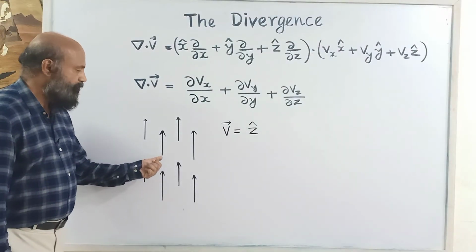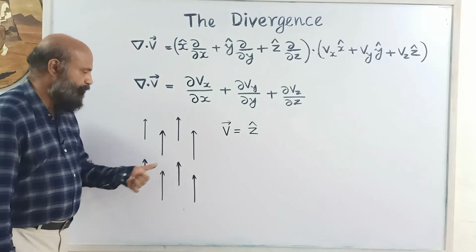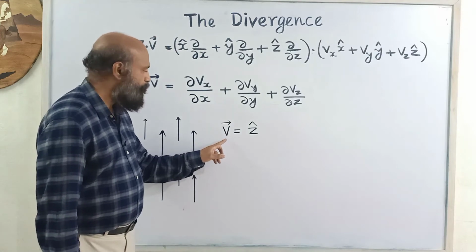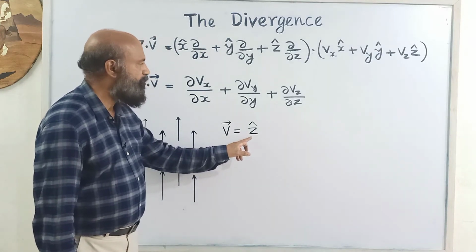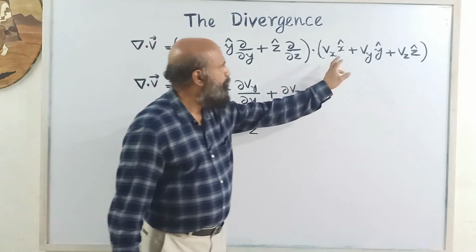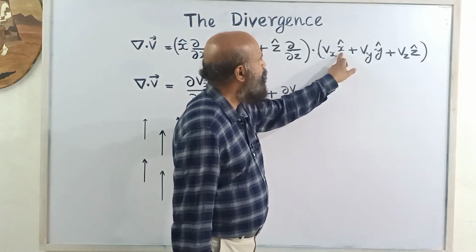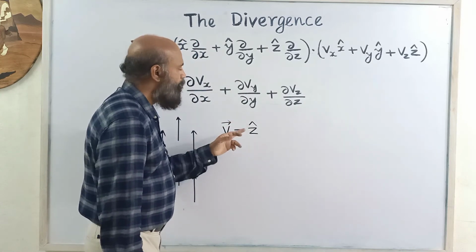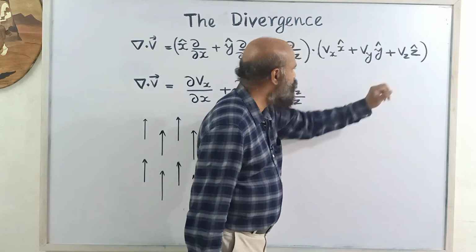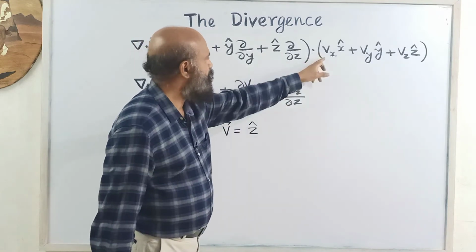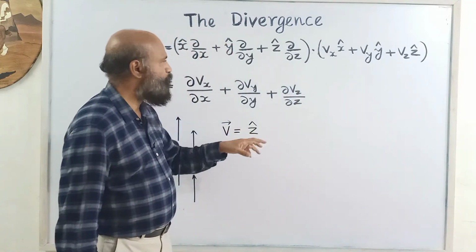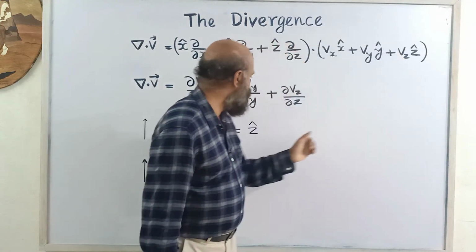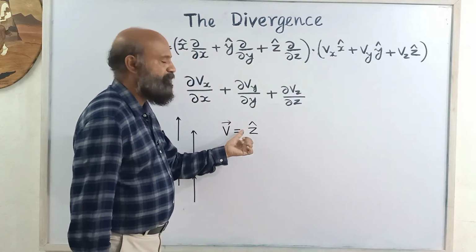Now let us find the divergence for this figure. It is represented by the vector function z cap. That means there is no component along x, y. Vx is not there, Vy is not there, it's 0. Vz is 1, so it is fixed, it's a constant.